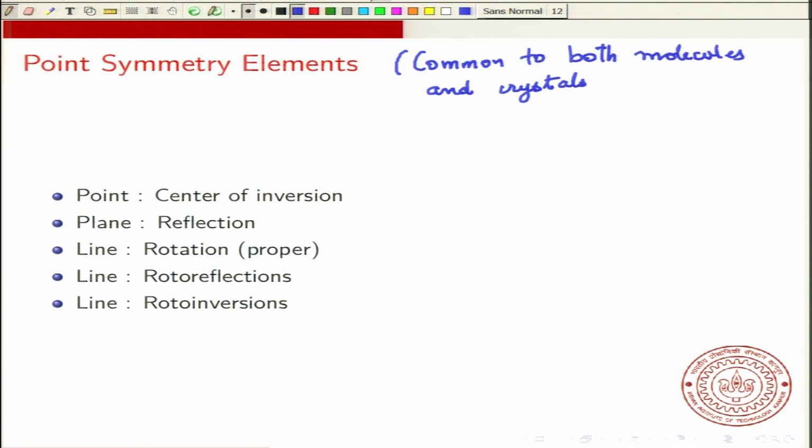So, unlike molecules which just consist of a few atoms, crystals consist of infinitely many atoms, but they are arranged in a particular way.